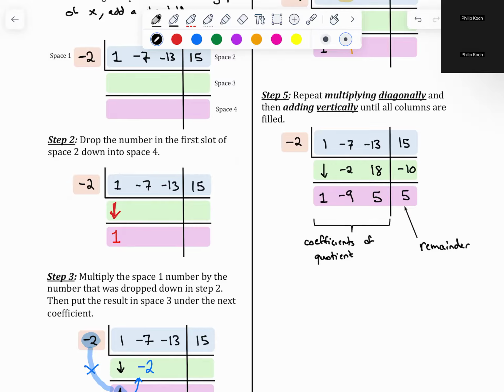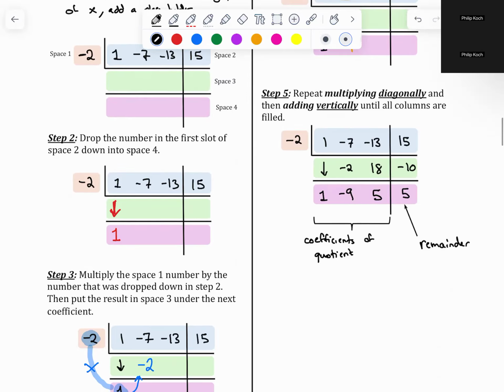So your quotient will always be 1 degree less than your dividend. Our dividend was degree 3. Our quotient is degree 2. If our dividend was degree 8, our divisor was degree 1, it will be degree 6, and so forth. So we have that x cubed minus 7x squared minus 13x plus 15 divided by x plus 2 is equal to 1x squared minus 9x plus 5 plus a remainder of 5 divided by a divisor of x plus 2.